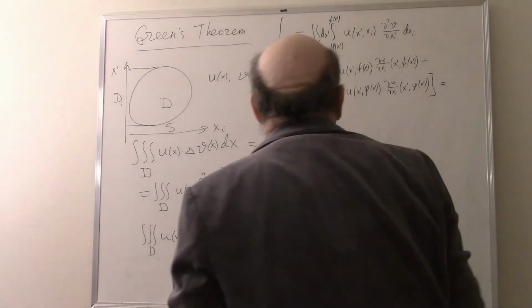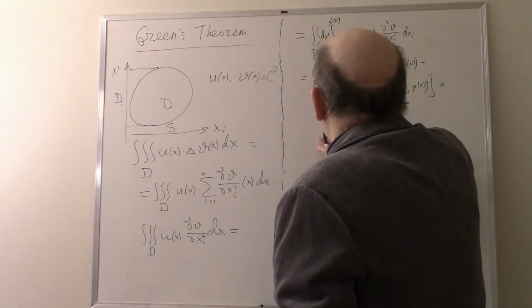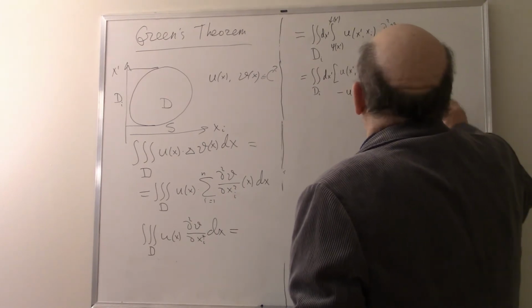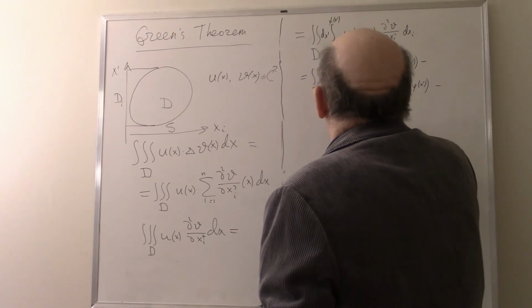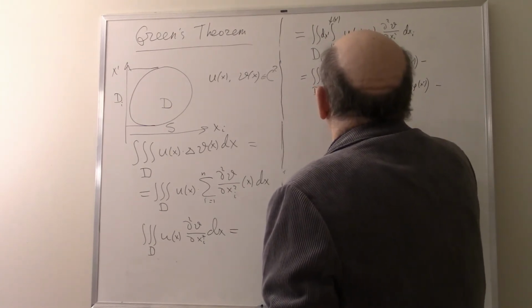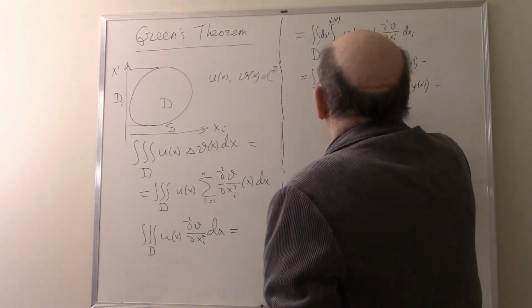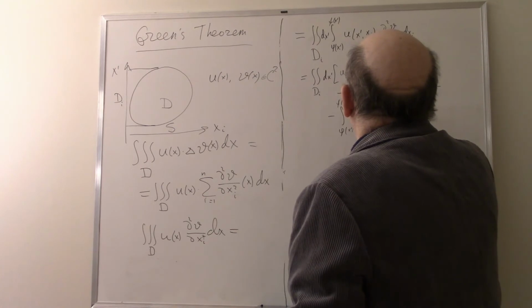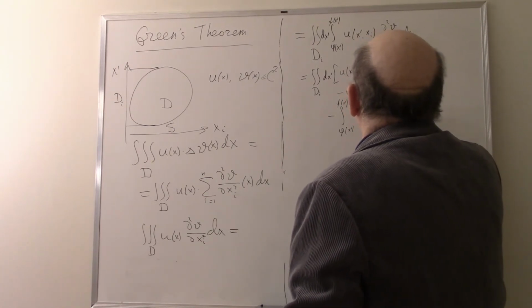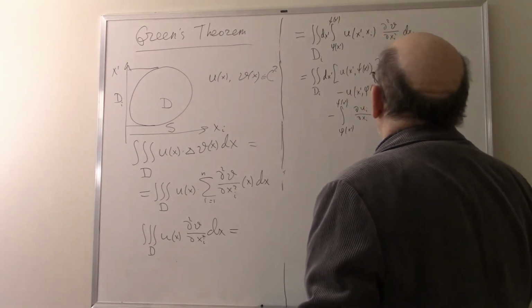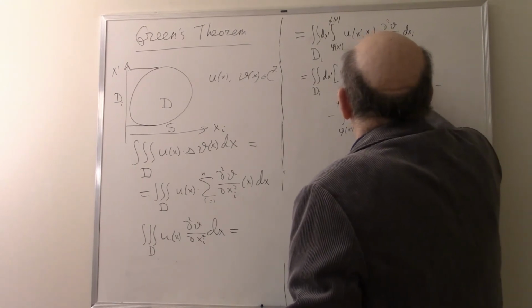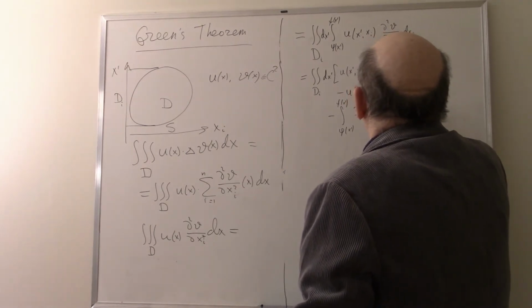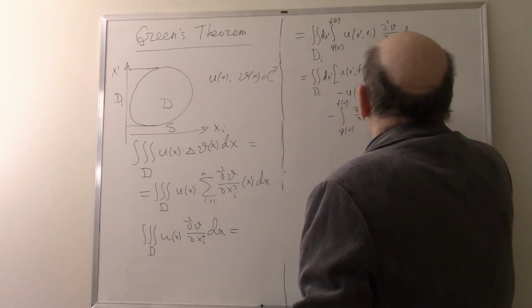I'm sorry, I forgot the minus: minus the integral from phi of x prime to psi of x prime of du over dxi times dv over dxi dxi.